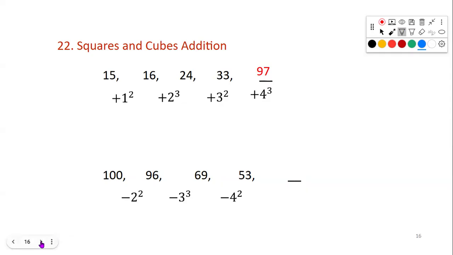So 2 square, 3 cube, 4 square, that is now 5 cube. 5 cube, 53 minus 125. Okay, so you get answer as minus 72.